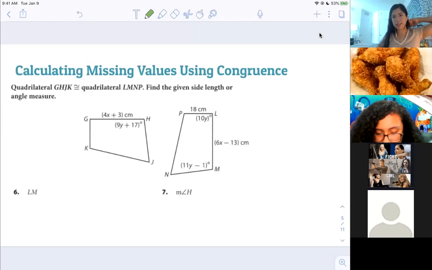We already know this. But luckily, these types of problems are pretty simple to figure out once you know everything you need to know about congruence. So I know that quadrilateral GHJK is congruent to quadrilateral LMNP. I want to know the measure of side length LM.